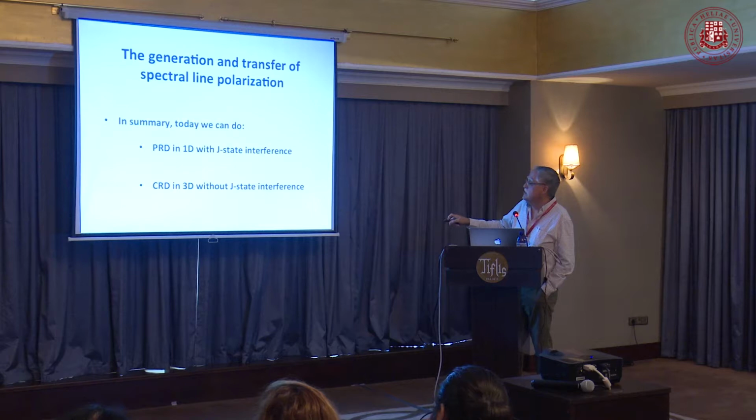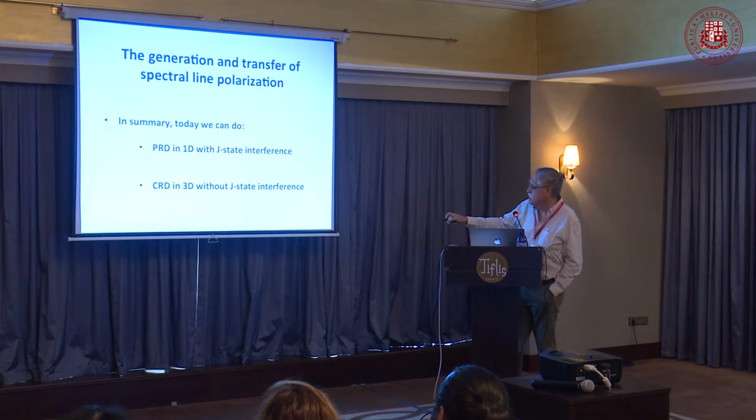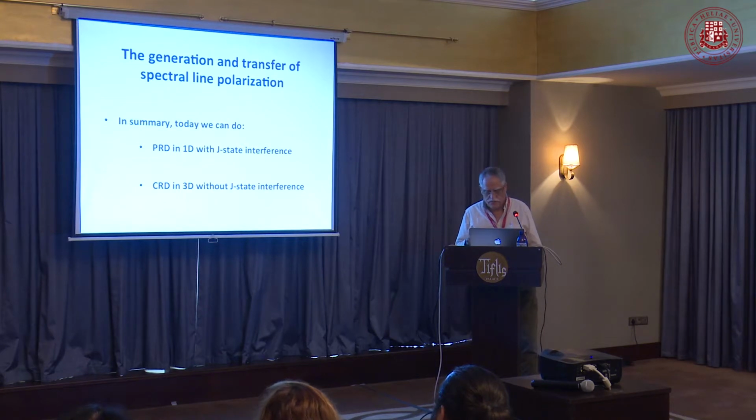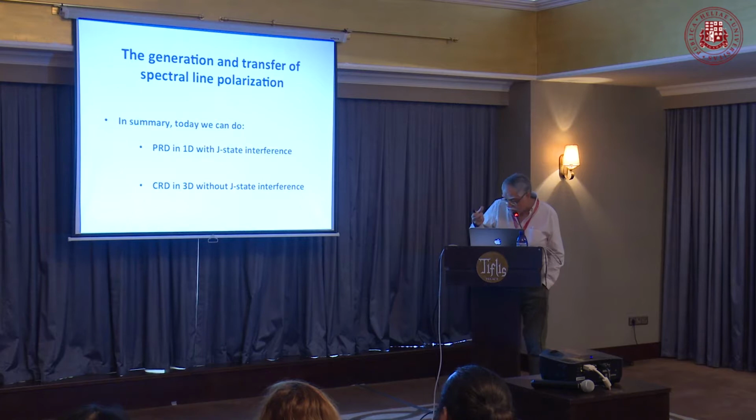Or we can do resolution of 3D problems, assuming complete frequency redistribution and neglecting the quantum mechanical interference. And this approach, fortunately, is giving us a good approximation for modeling the line core of spectral lines where the Hanle effect operates.